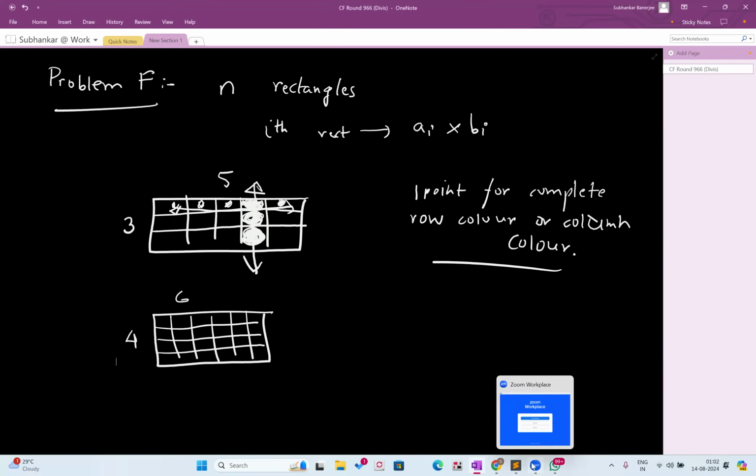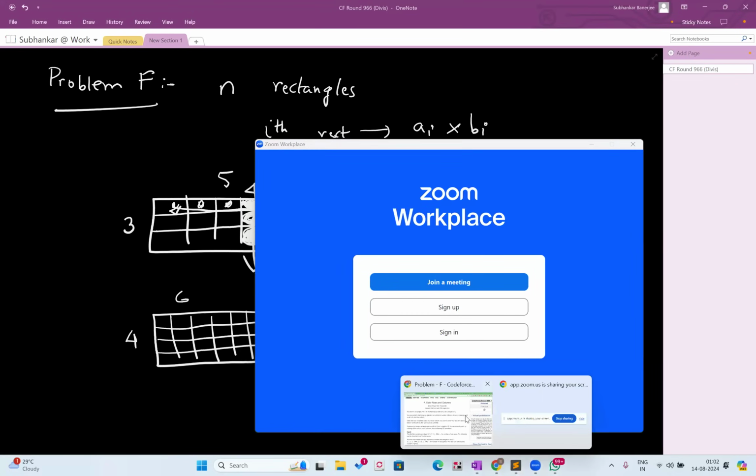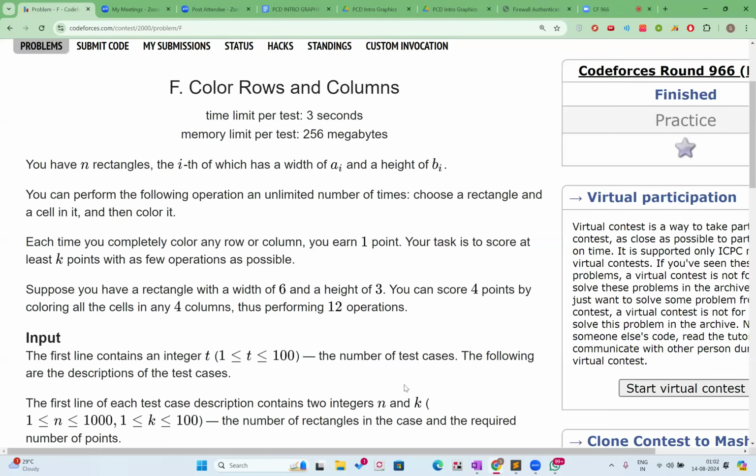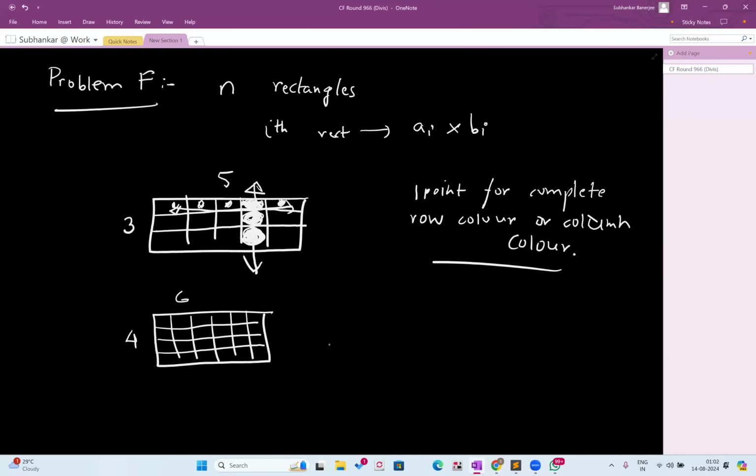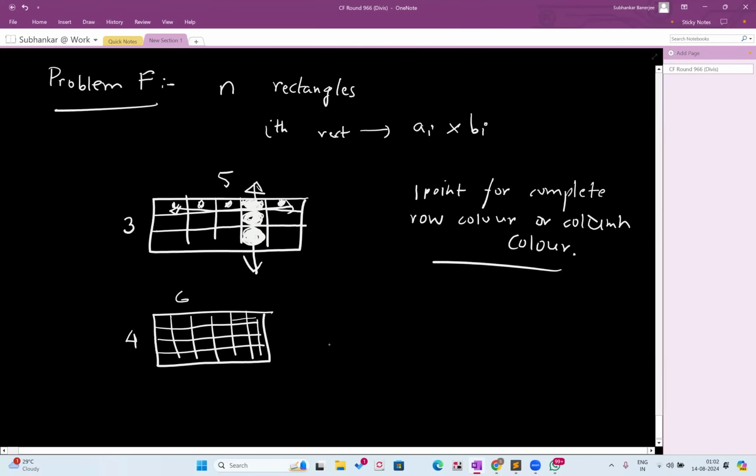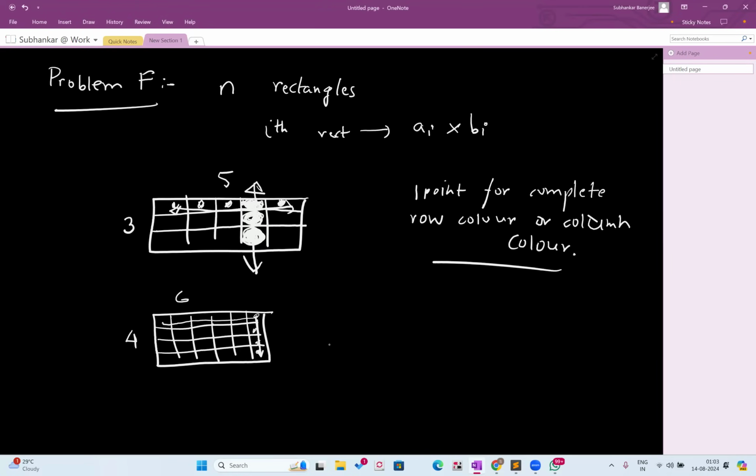So can you answer that? To get a point, we have to color an entire row or an entire column. So what will be better in this case? Should I do this or should I do this? Column wise we can do, but this would be better, because I have to color just 4 things and I'll get a point. Otherwise, I had to color 6 things and I would get a point. Yes, got it.